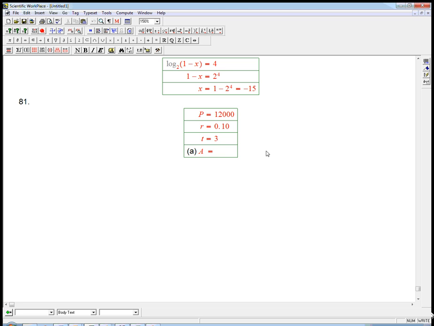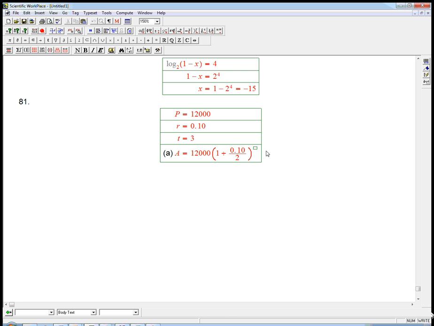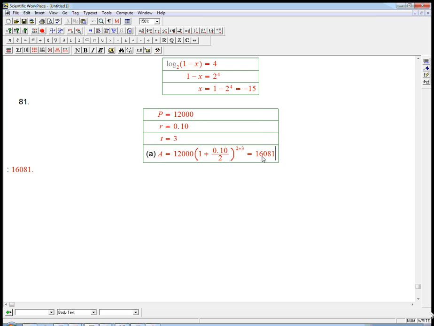We got semi-annual compounding. So we're going to take 12,000 times 1 plus, we're going to take that 0.1 and divide it in 2, and then 2 times 3, because we got 6 compounding periods. And then we're just going to evaluate that. Pretty easy. Okay, so 16,081. Not too shabby for just 3 years of investing.